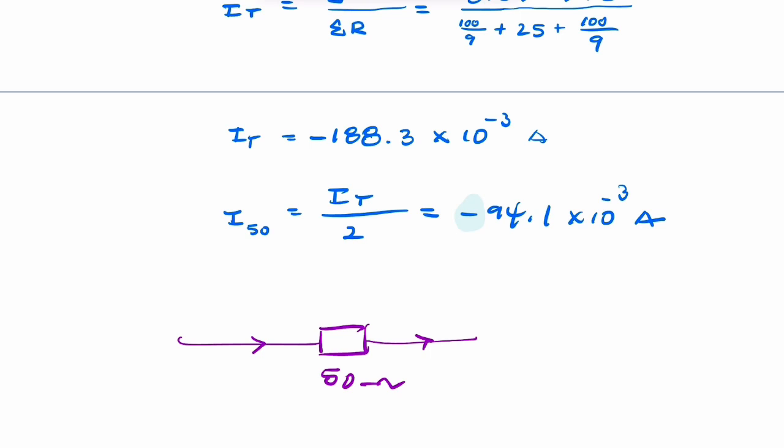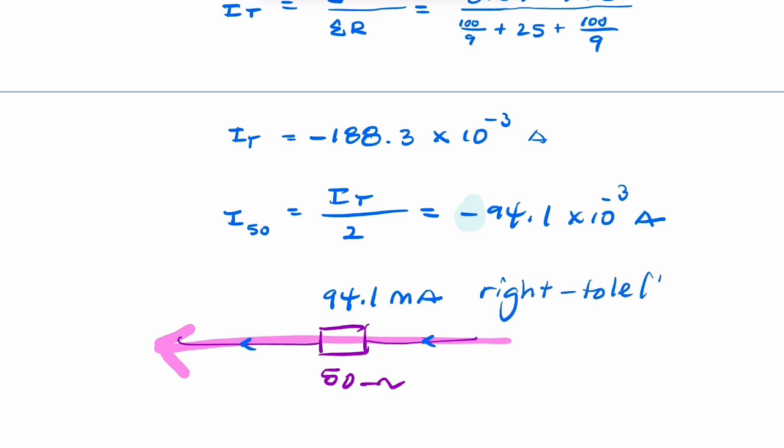So we can conclude that the actual current passing through the resistor is 94.1 milliamps in the direction opposite to our initial assumption. So in this case, it will be right to left. So this would be your final answer.